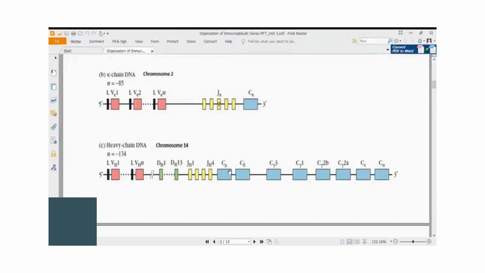And the C mu, even though they have shown one block here, is further a large segment running into thousands of nitrogenous bases. Thousands of nitrogenous bases. And within that, there are some more introns present.